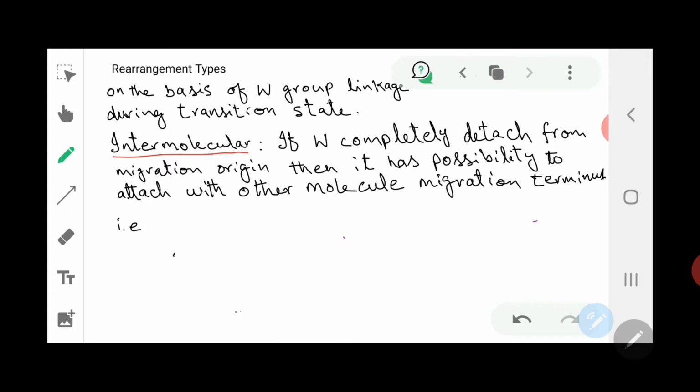For example, we have two similar molecules, one represented with an asterisk.